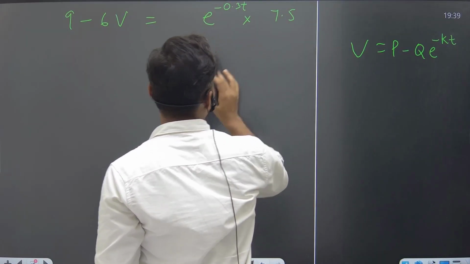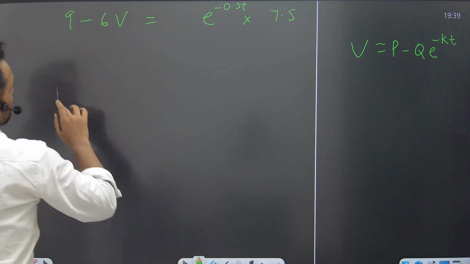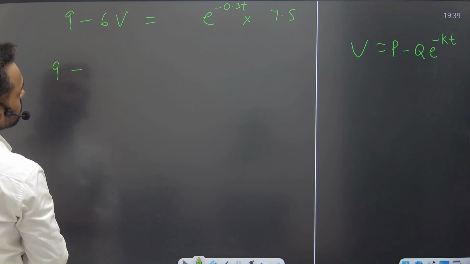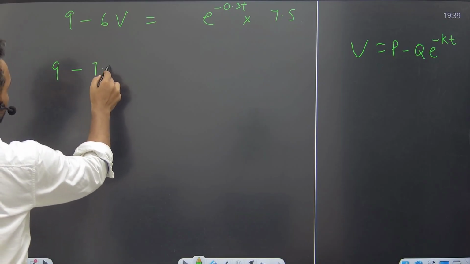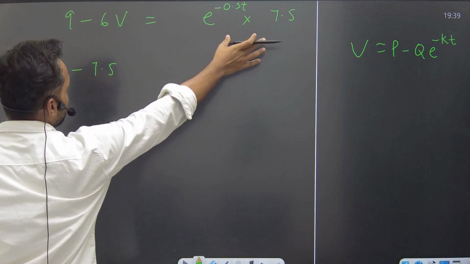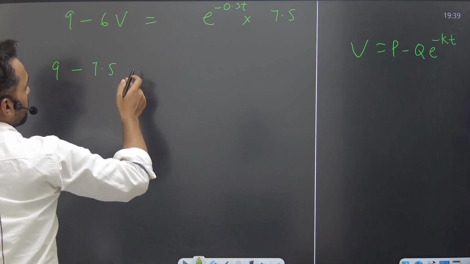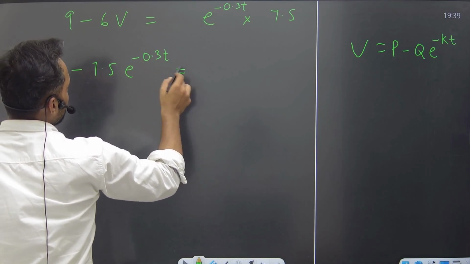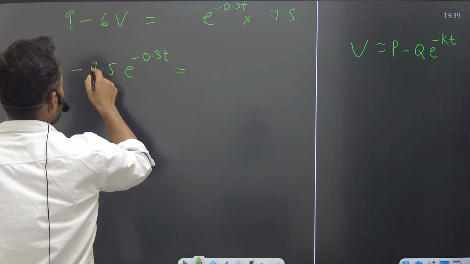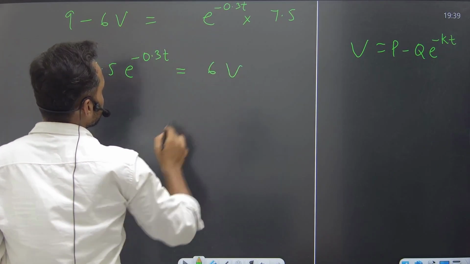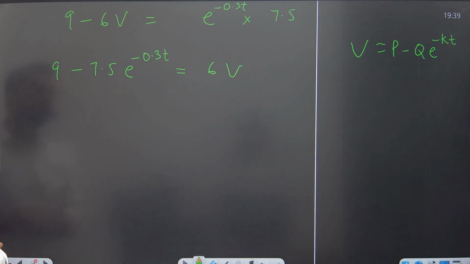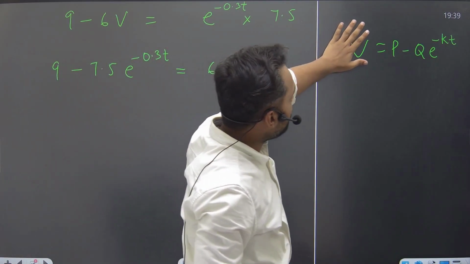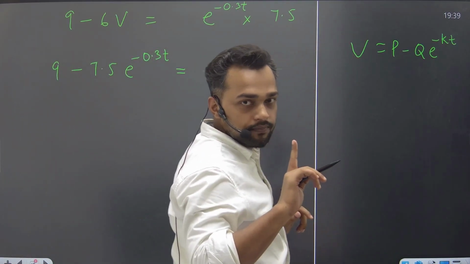So we can say here, student, that 9 minus 7.5 e raised to the power negative 0.3t equals 6v. I'm just transposing this particular part to the other side.